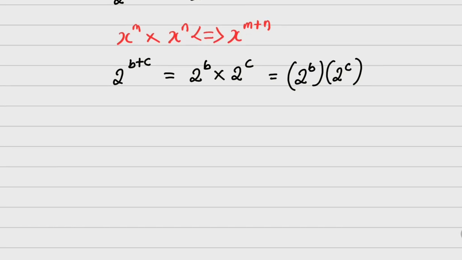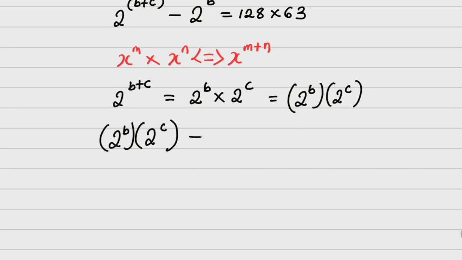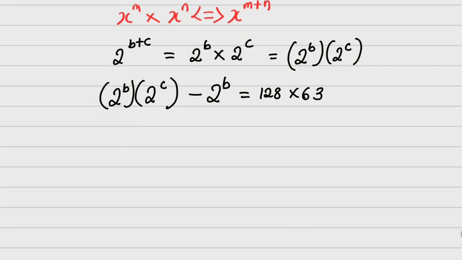Now I'll substitute so that I will have 2 raised to power b into 2 raised to power c. Then of course is minus 2 raised to power b is equals to 128 times 63. Now, checking it out, you'll find out that I can factorize 2 raised to power b.